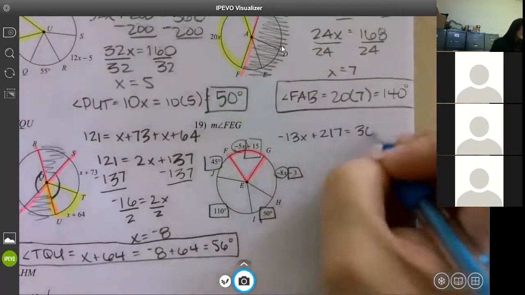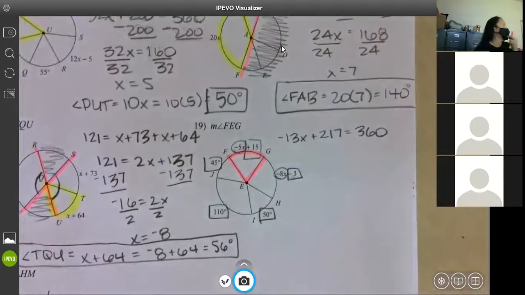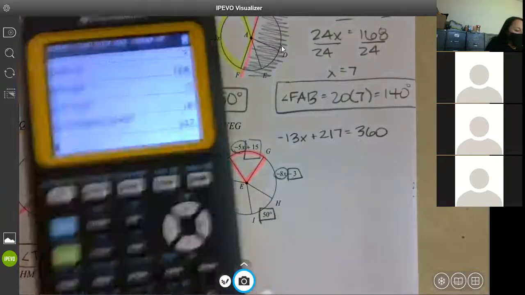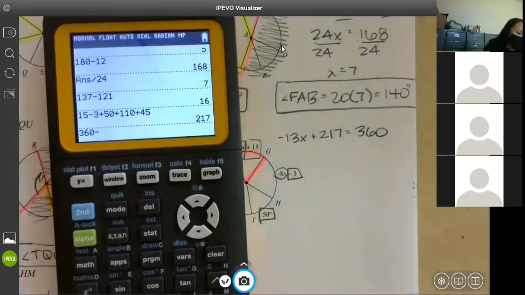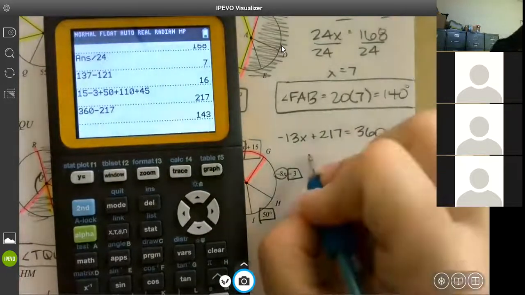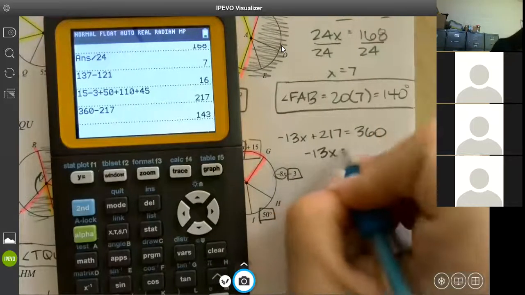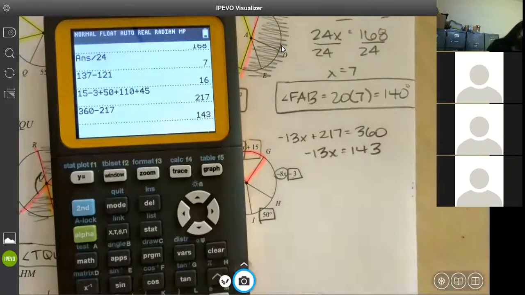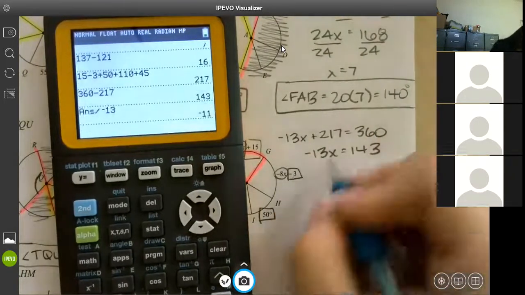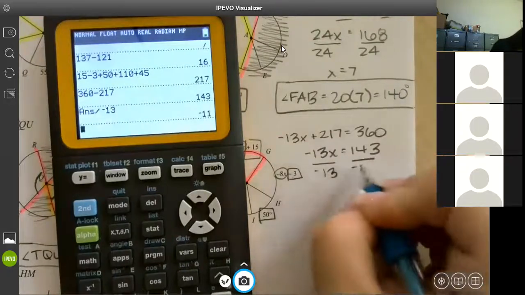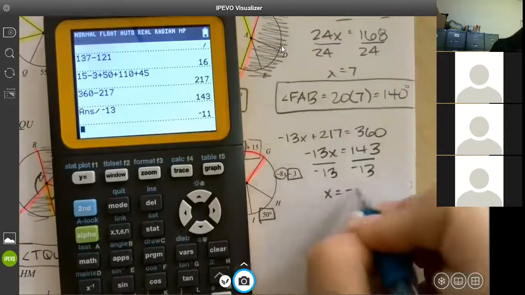I got 217. Are y'all okay with that? I didn't type anything weird. Yes? Okay. Then we have to solve it. So 360 minus 217 is 143. So negative 13x equals 143. Divide by negative 13, and x equals negative 11.